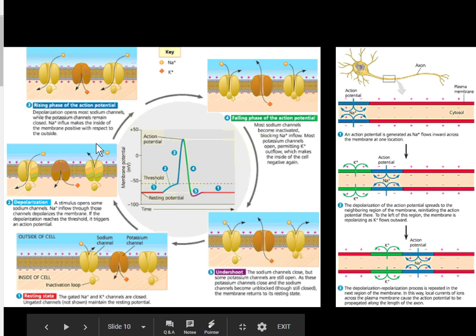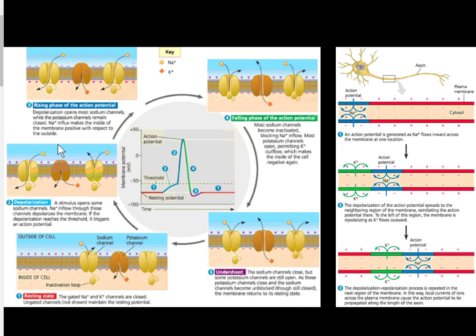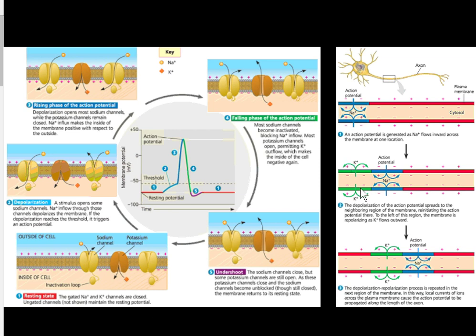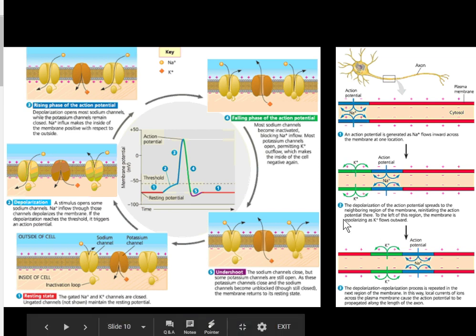And that movement causes differences in charge from inside to outside, which causes that signal to happen. So the signal starts here, and it just moves its way down as sodium is going to flow in, flow in, flow in, and behind that, potassium is going to get pushed out, and you get repolarized.